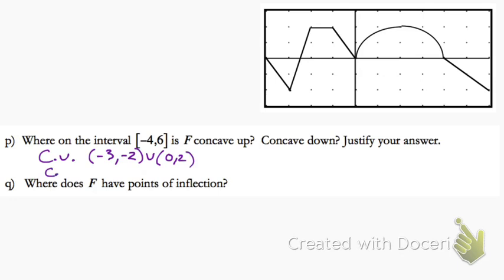It's concave down wherever the derivative is decreasing, which is from -4 to -3, and from -1 to 0, and again from 2 to 6.